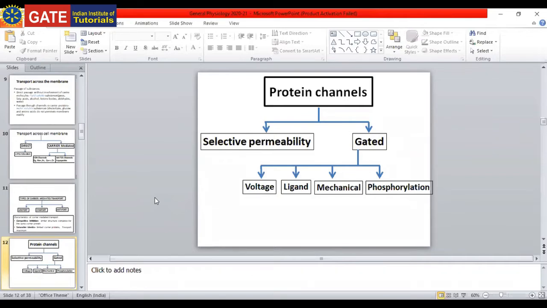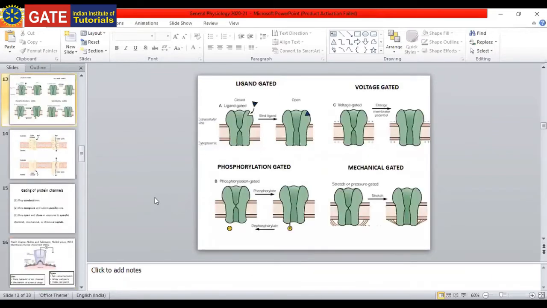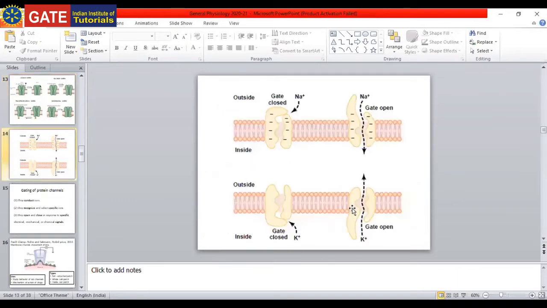No, ma'am. So this is what I was telling you. When the ligand binds, it opens; when there is a change in the voltage, it opens; when there is phosphorylation, it opens; and whenever there is a stretch, it opens. So these are the ways in which the gates will open.